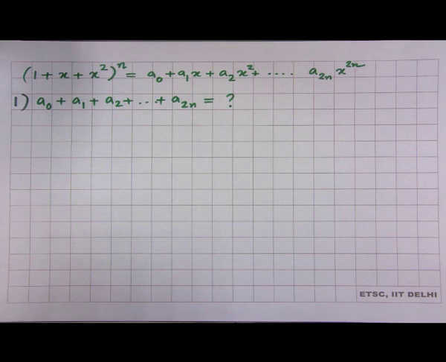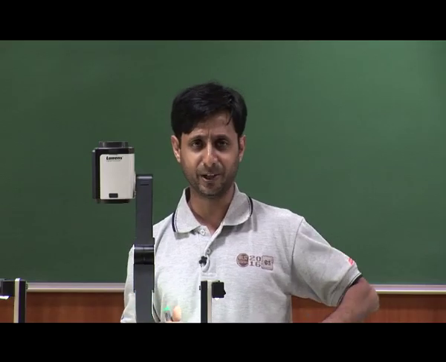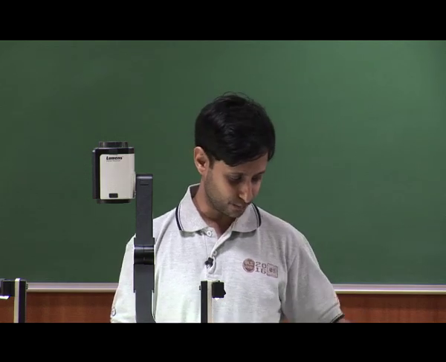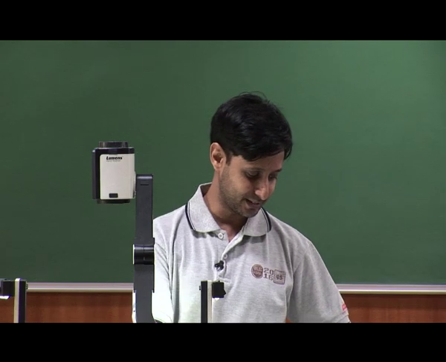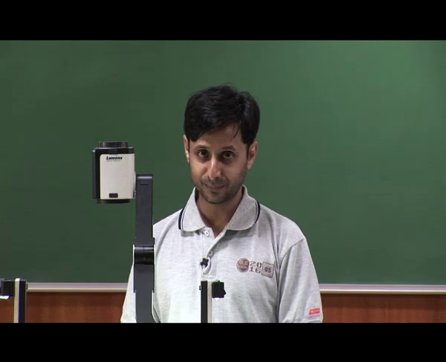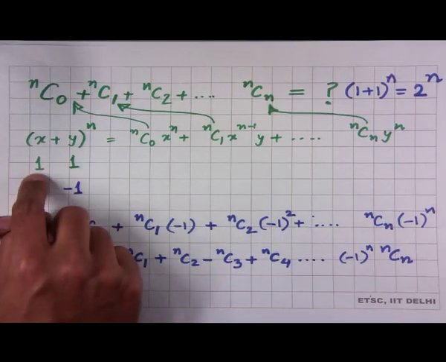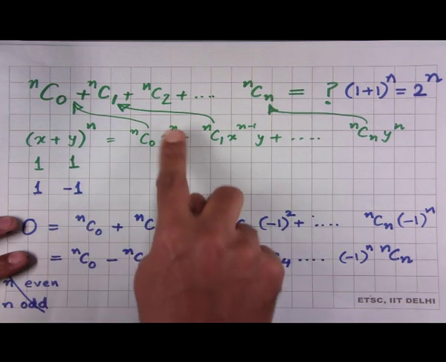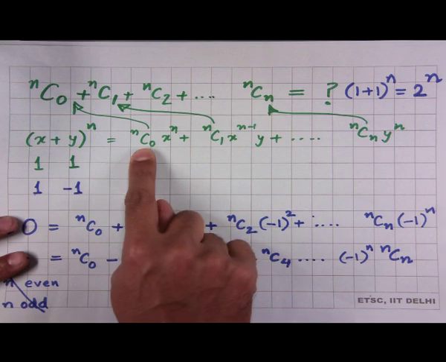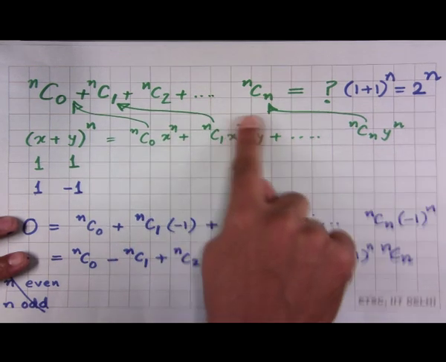How will you do this? Oh, come on, this is very straightforward, just like the way we had done this. Remember, we plugged in x equal to 1, y equal to 1, and all of these disappeared. We were left only with nC0. This is 1, this is 1.